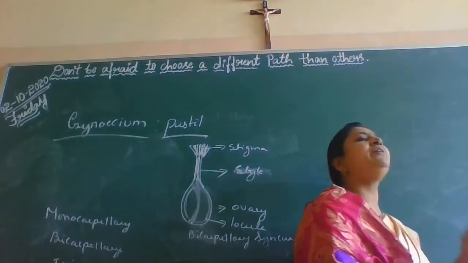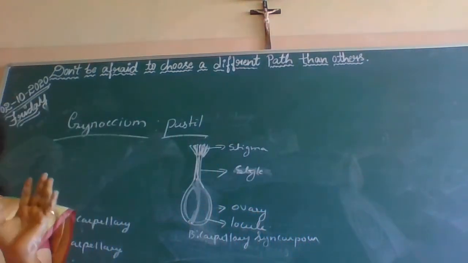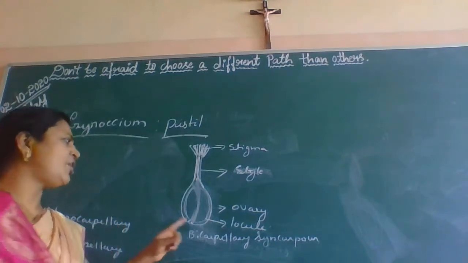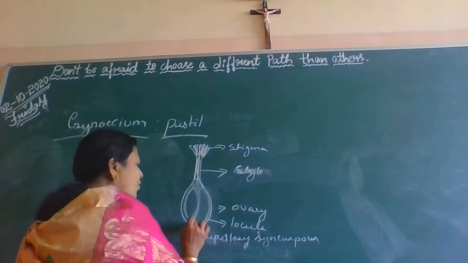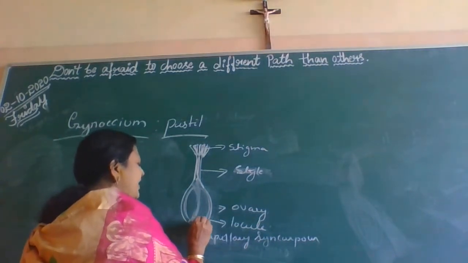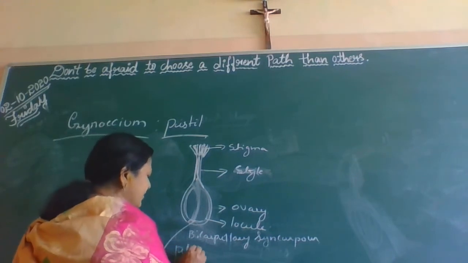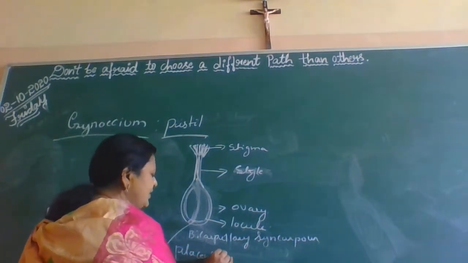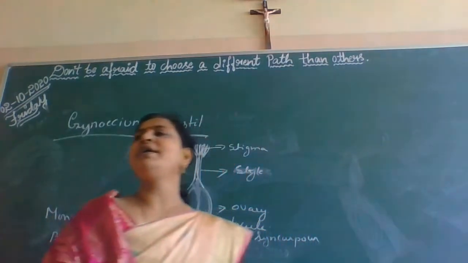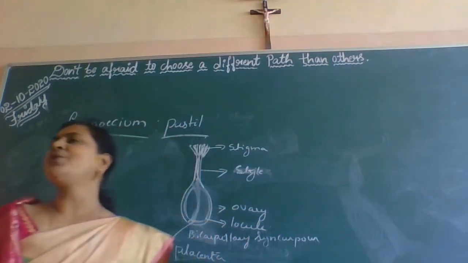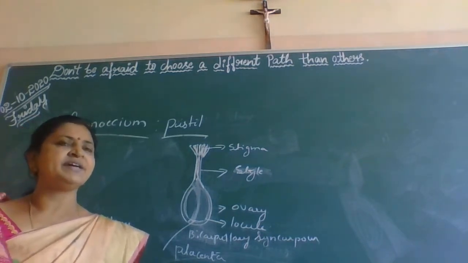The cavity inside the ovary is called the ovarian cavity or locule. In this ovarian cavity, there is a tissue called placenta. You already studied this in your first PUC. Which tissue is distributed in the ovarian cavity? Placental tissue. Placenta is present.